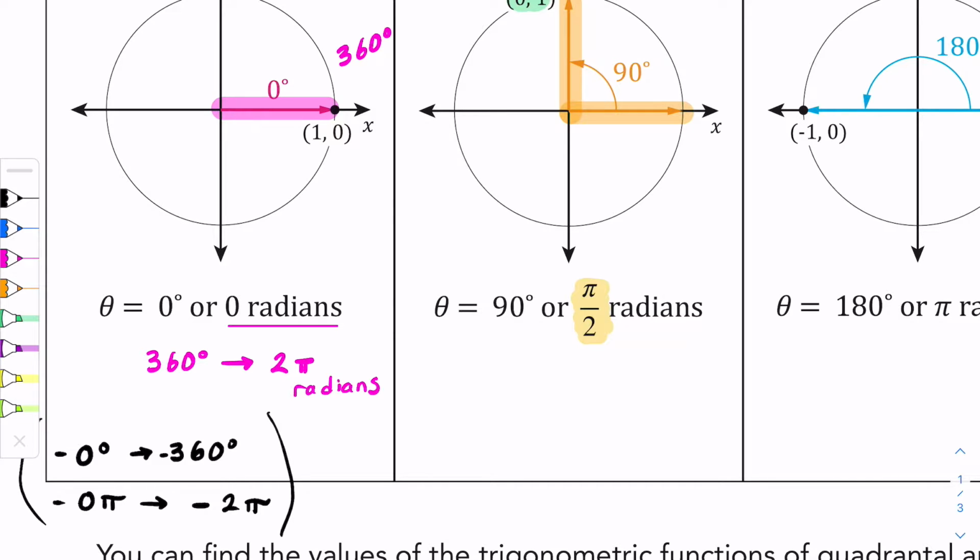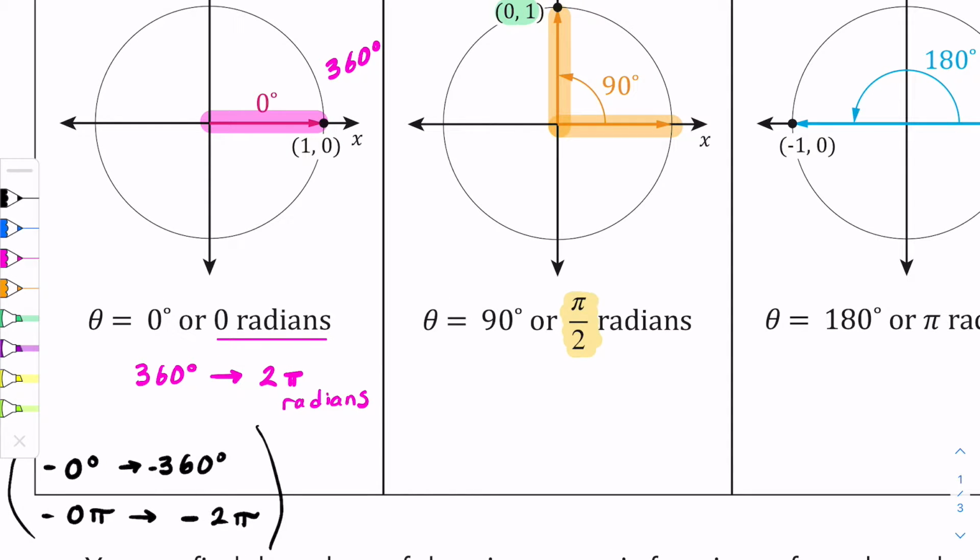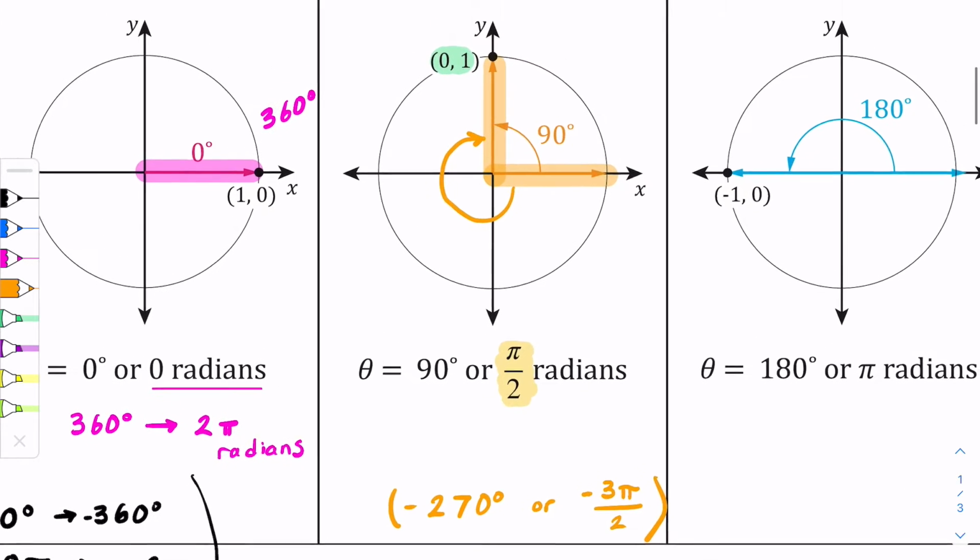And if you were to graph this angle in the negative direction, you would say that it's either negative 270 degrees or negative 3 pi over 2 in radians. That's if you work in the negative direction.